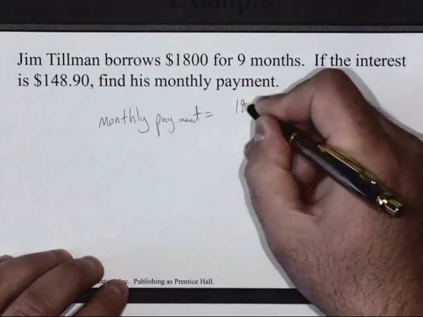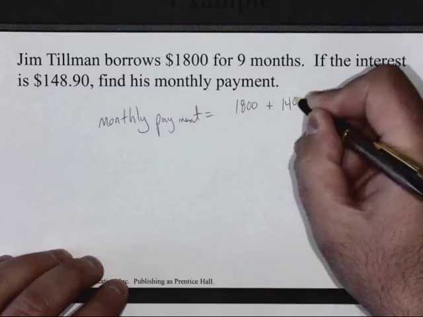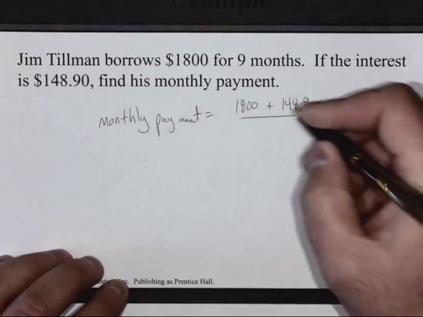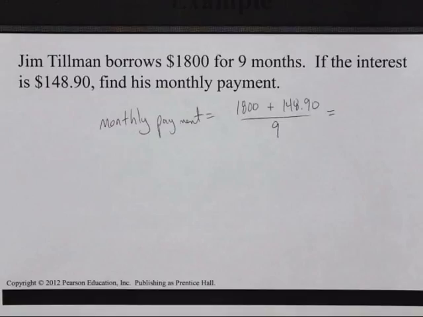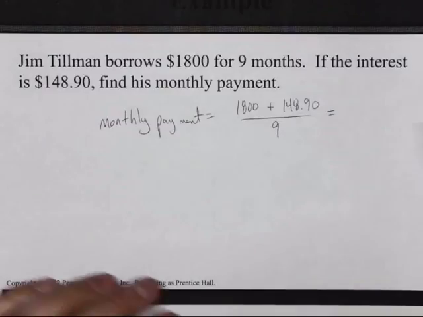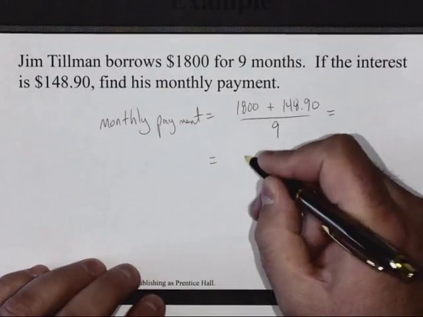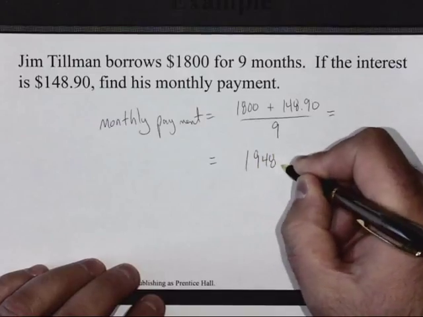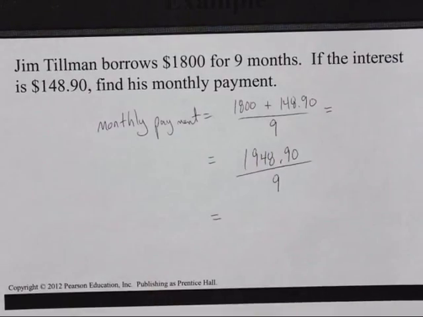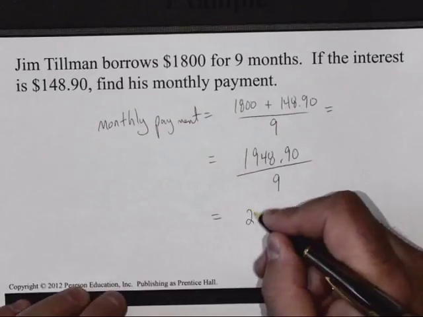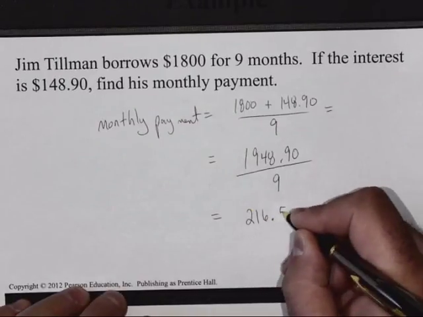So we take the principal and add the interest, divide it by the number of payments, which is 9, because he's going to pay it back in 9 months. So we add the two numbers on top, and we get 1,948.90. Divide that by 9, so $216.54.